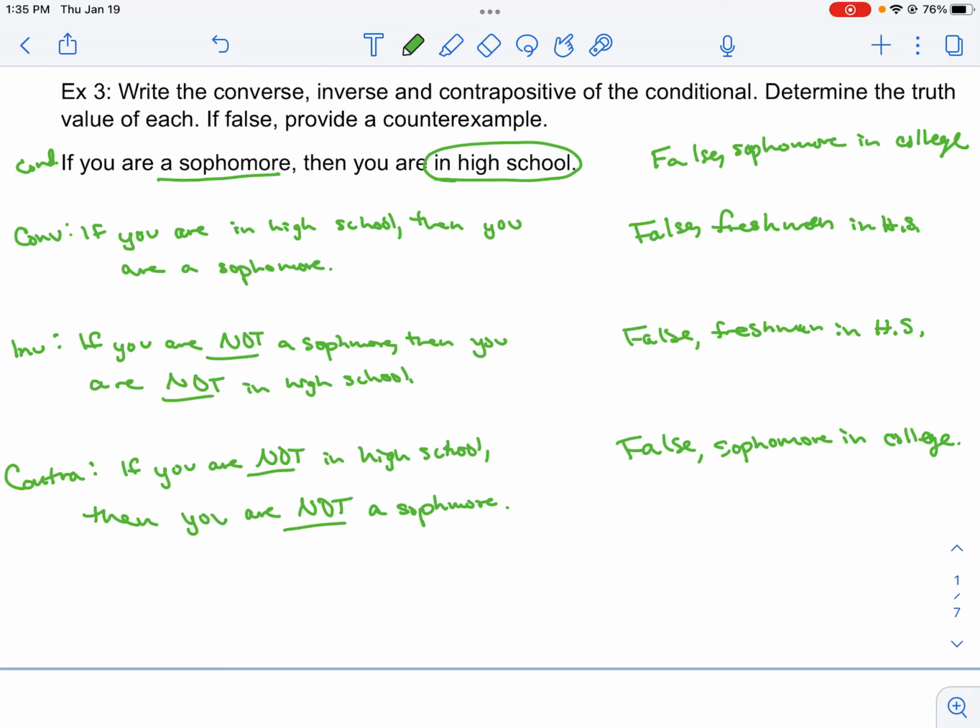The conditional and the contrapositive use the same counterexample. They're related. So if your conditional is true, your contrapositive will also be true. If your converse is false, your inverse will also be false. So just something to note. If you're unsure of what I'm discussing there, just go through them individually and figure out your truth values. It'll be easier that way.